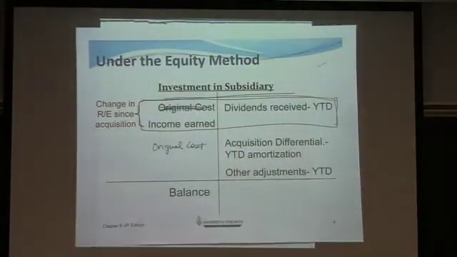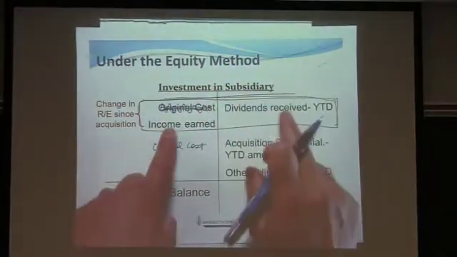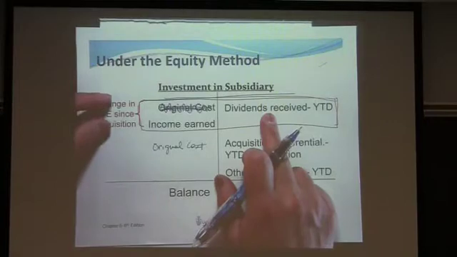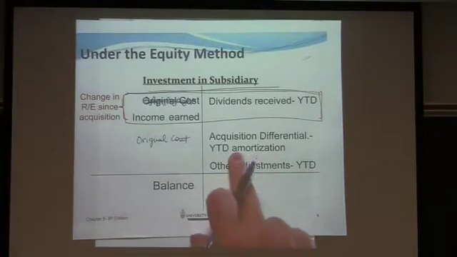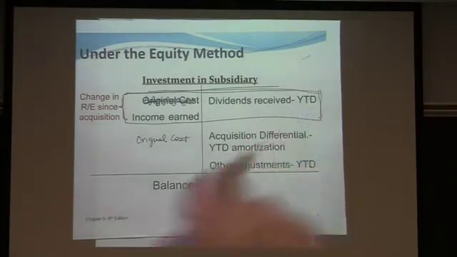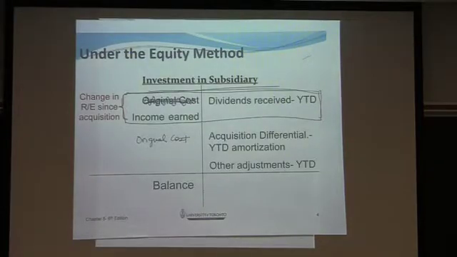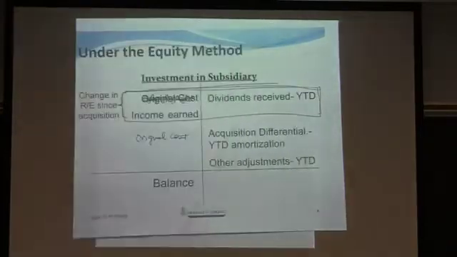So really what we're saying is we need to adjust the original cost with the year-to-date changes in retained earnings of the subsidiary. That's what we did, right? We took the income and dividends, we took 75% in the analysis that we did, and then we also need to adjust the year-to-date amortization of the acquisition differential. And if you remember, that would have been these adjustments in our analysis, okay?